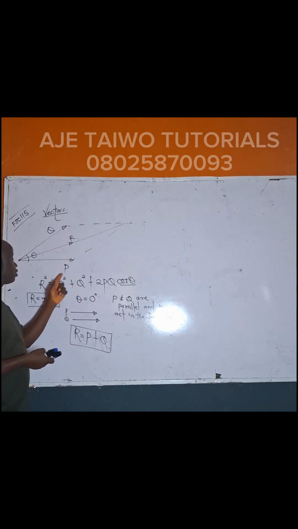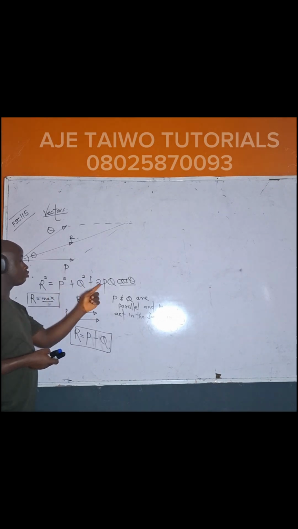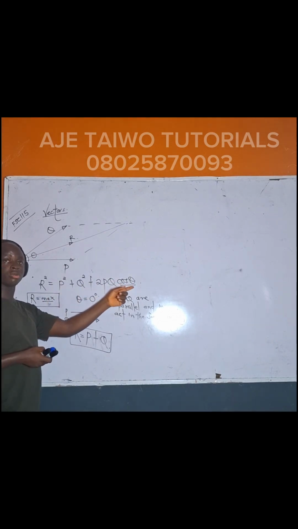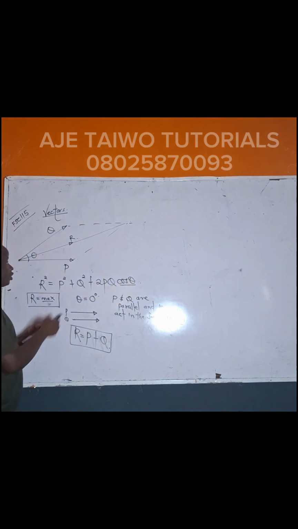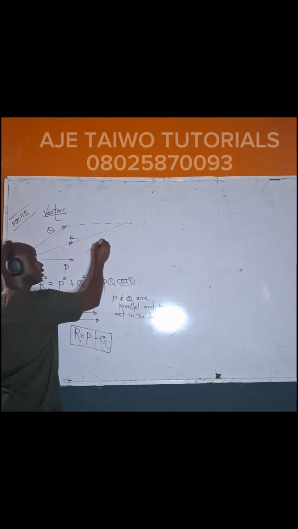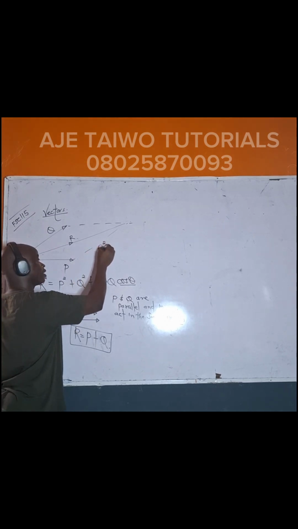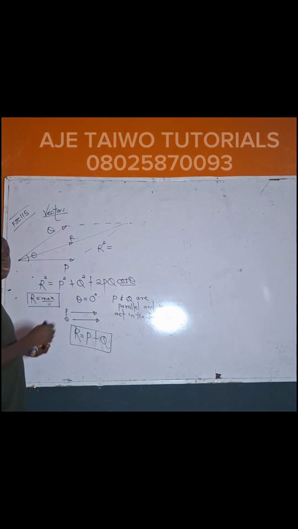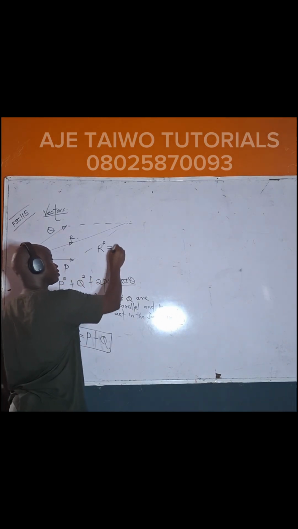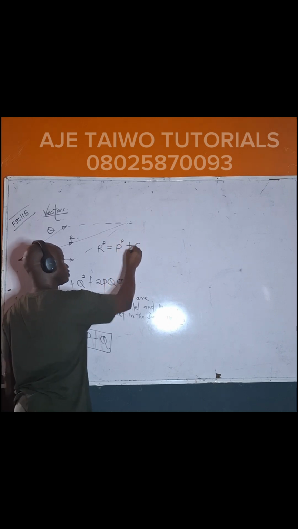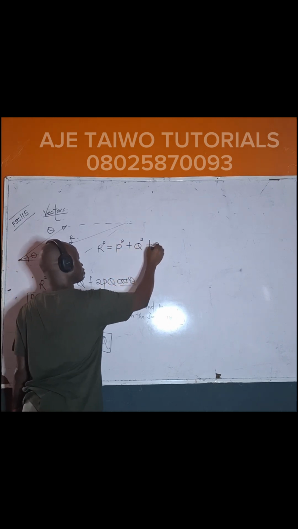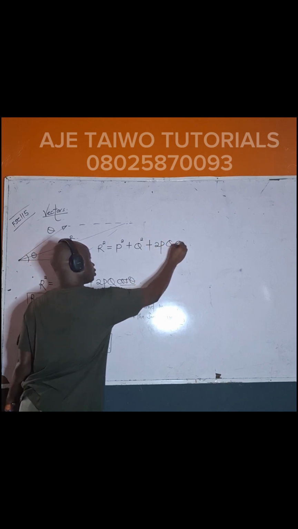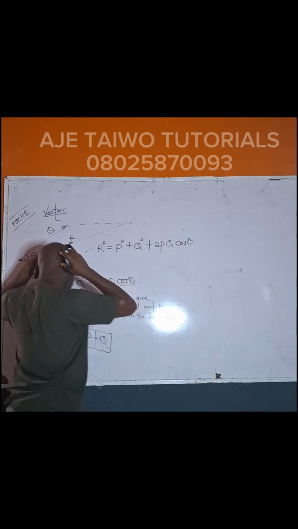you have R squared equals P squared plus Q squared plus 2PQ cos 0.